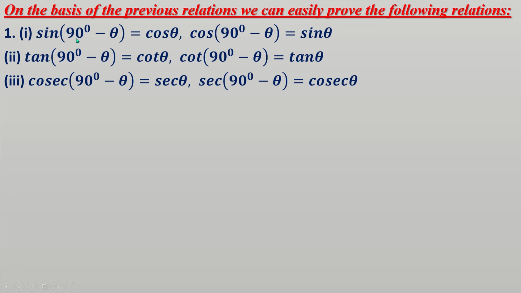And we know 90 degrees means first quadrant, minus something means first quadrant, and in the first quadrant all the ratios are positive, so here all will be positive.